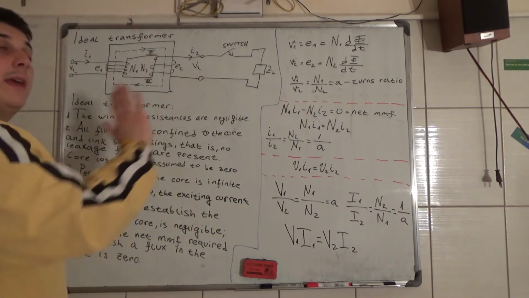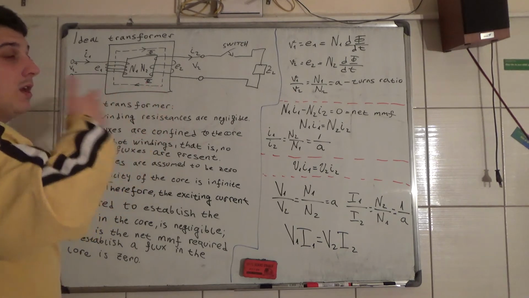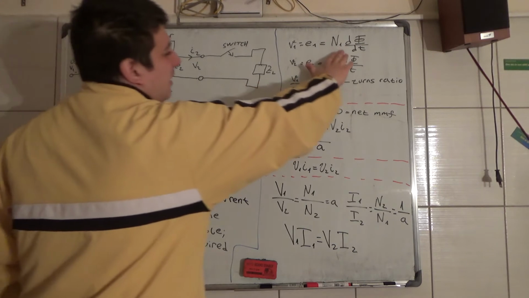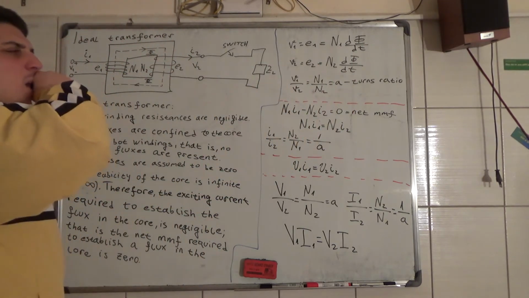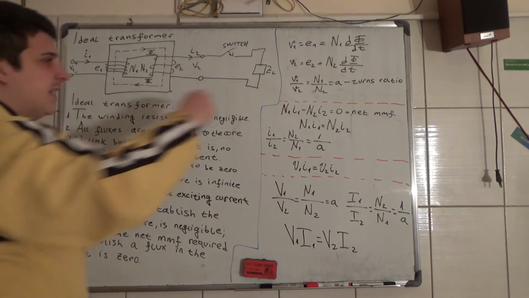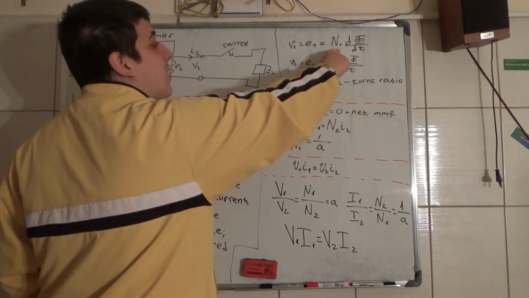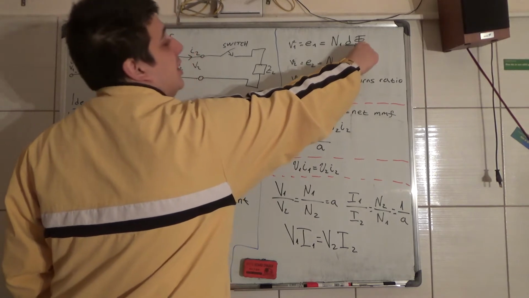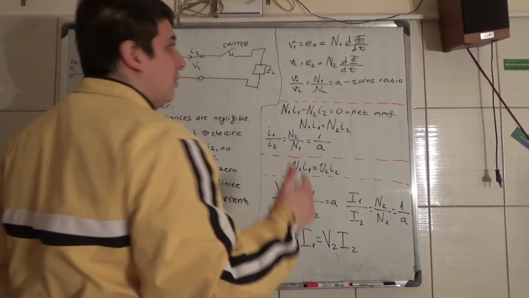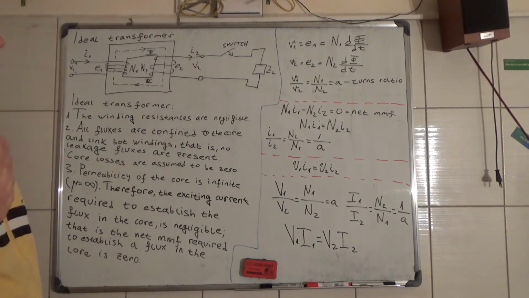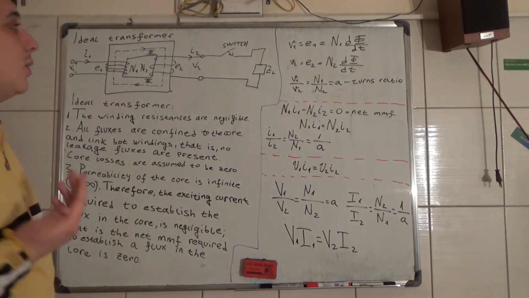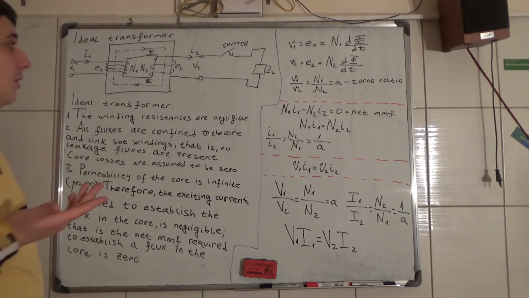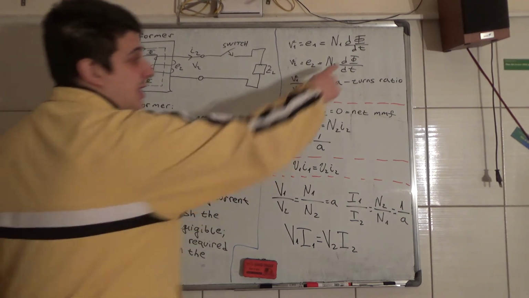You're not taking the minus sign, we're just taking that this is a scalar, equal to the flux linkage N1 times the change in magnetic flux. So that is why with DC we can't establish the change in magnetic flux.